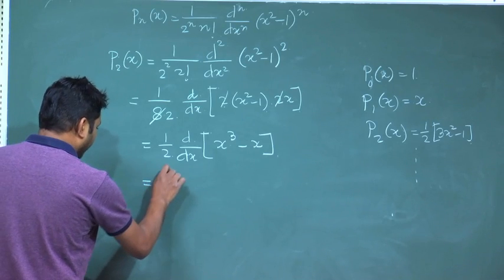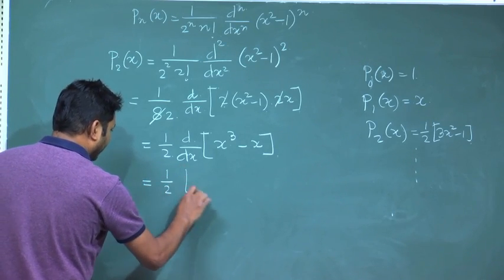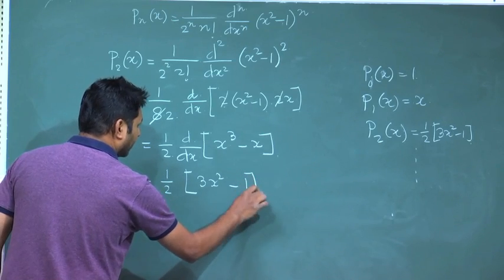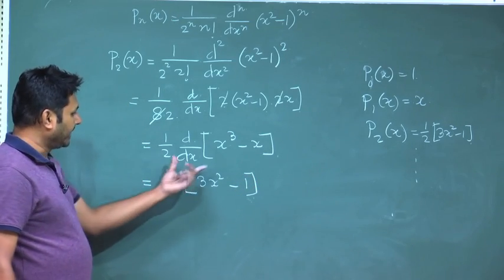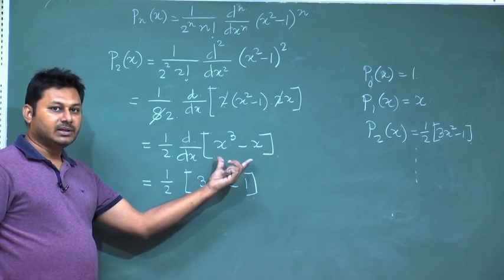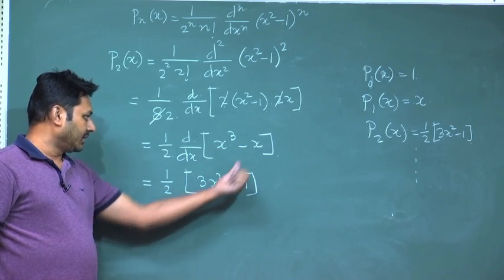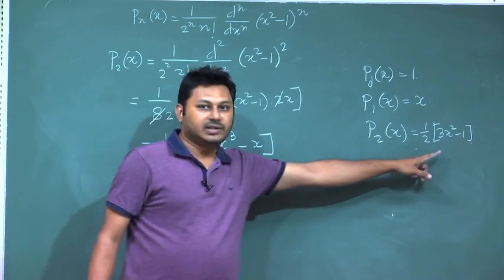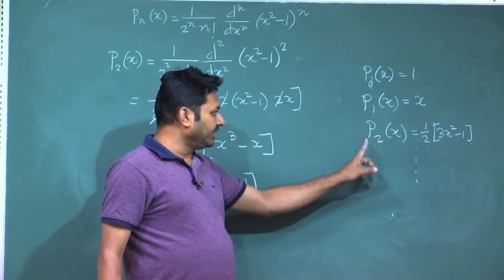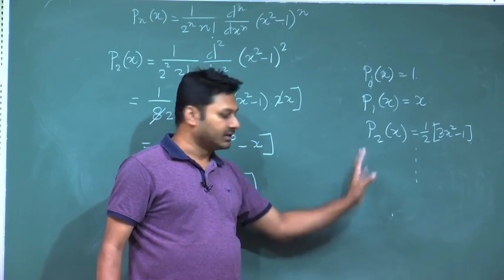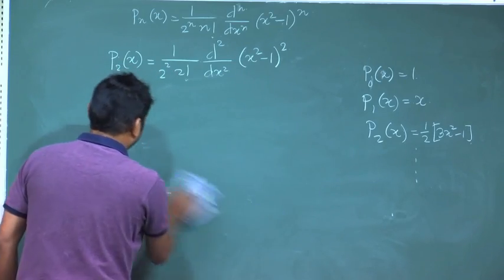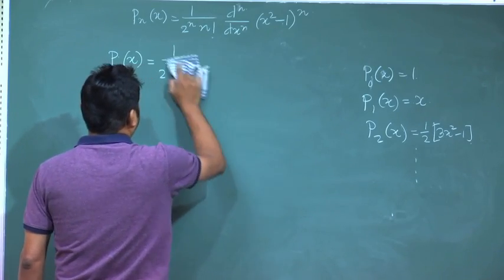So it will be half, if I do that, 3x squared minus 1. If I take the derivative of this quantity, it will be 3x squared, and for x it is 1. So half of 3x squared minus 1, which is written here, but I did not write P3, so I need to calculate that also. Let us do that. It will be just an exercise.